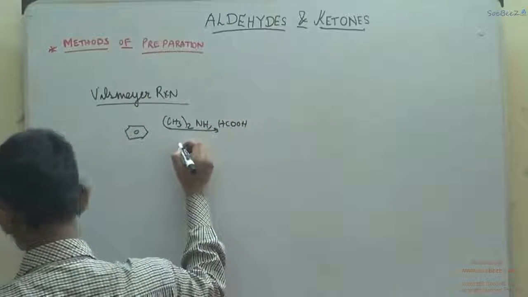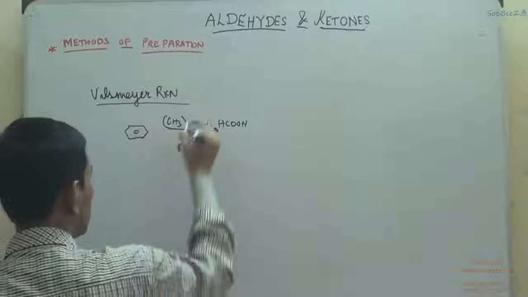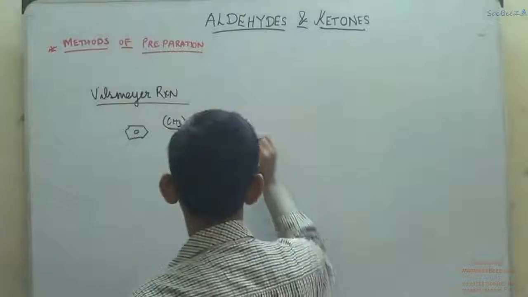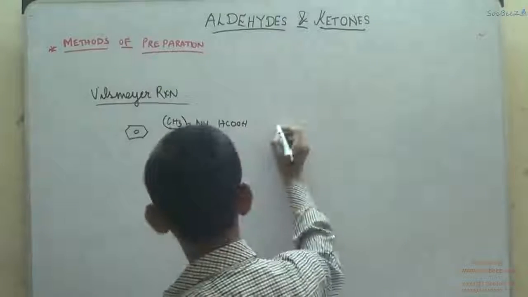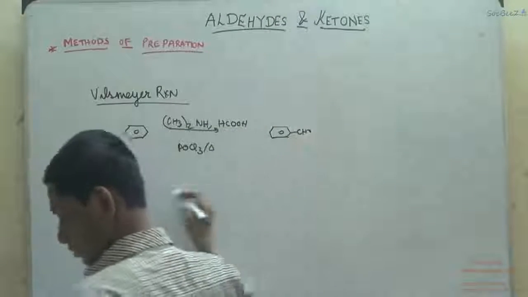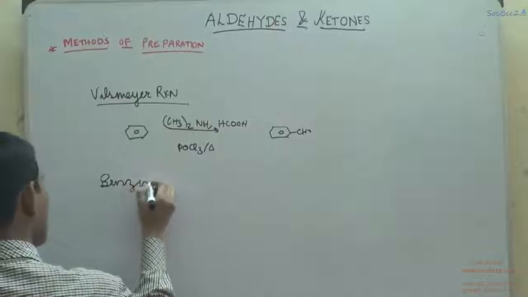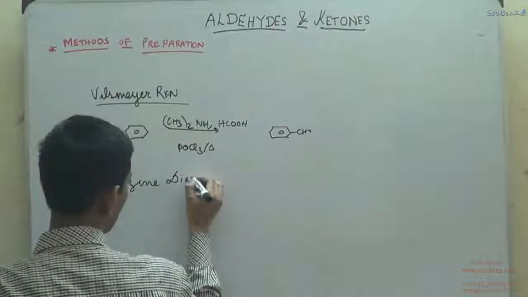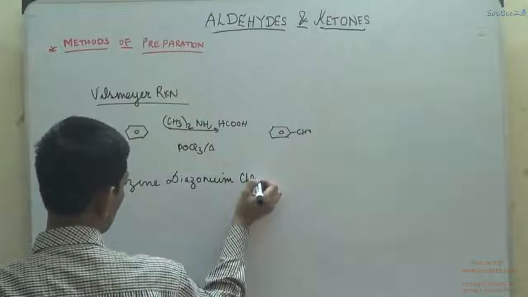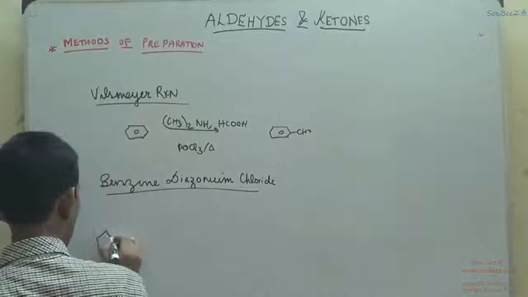These are the reagents. POCl3, heat, (CH3)2NH in the presence of formic acid, you'll get benzaldehyde. And the next one is from benzene diazonium chloride.